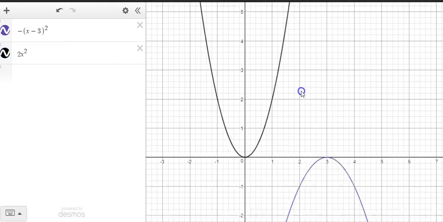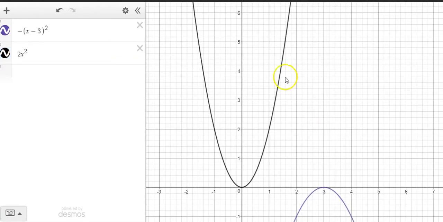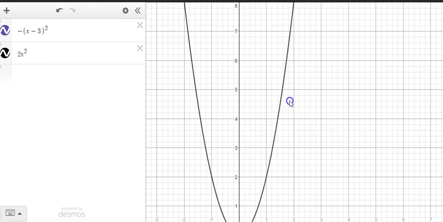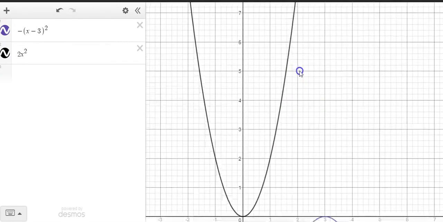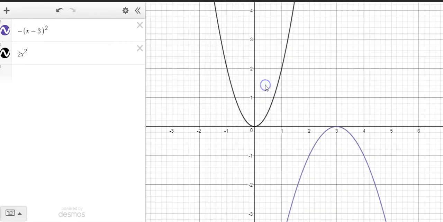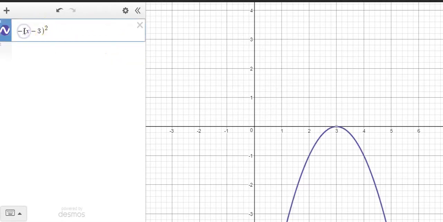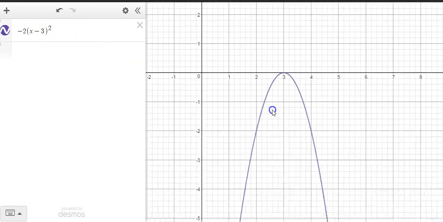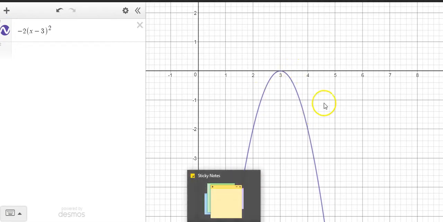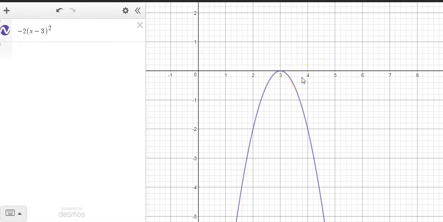Then when x is 2, 4 times 2 is 8, and so forth. So that's all you're doing when you multiply it, and now I'll multiply it by 2 over here. Okay, and it's the same thing, just now it has a different vertex and it is a maximum.